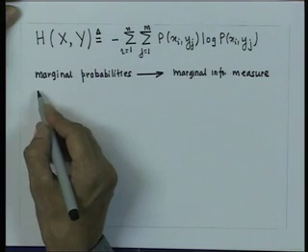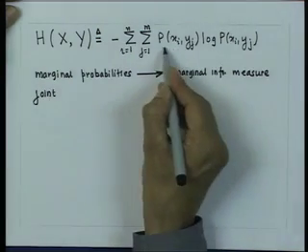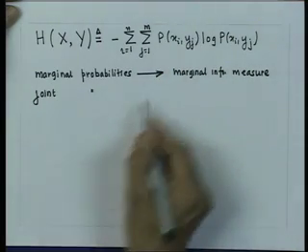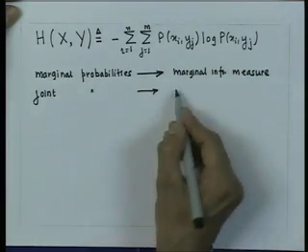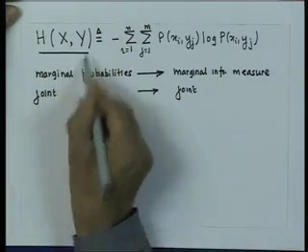Now, we have seen that if I have joint probabilities in the form of P of xi yj, then I can define joint information measure. This is joint information measure.